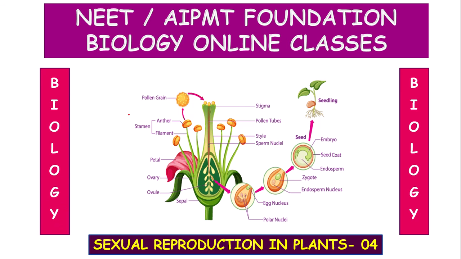Children, we have so far completed the formation of male gametes, that is male gametophyte, pollen grains, formation of female gametes, that is the formation of embryo sac, and the process of pollination, types of pollination, etc. In today's class, we are going to discuss the events which occur after pollination.